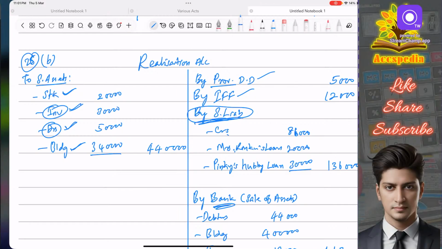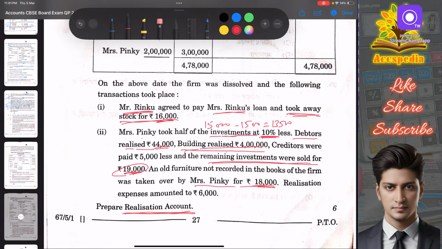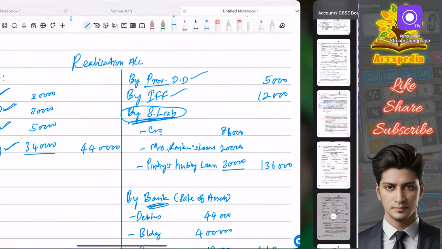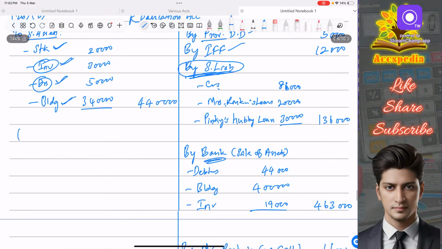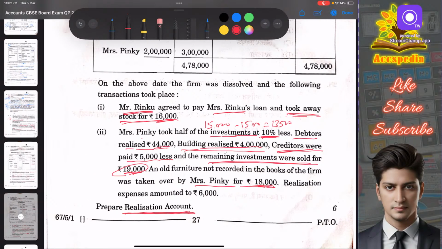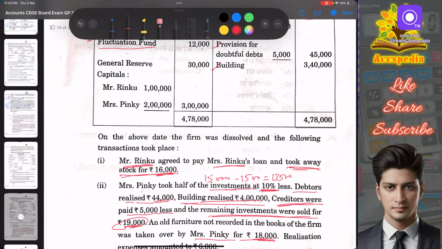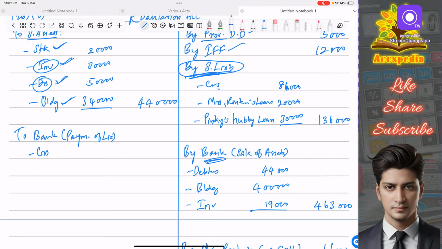So check what about creditors. I think we had somewhere here creditors were paid 5,000 less. So creditors were paid. Payment of liability is there to bank. Creditors, they said it is 5,000 less. So creditors 86, 5,000 less, 81,000.